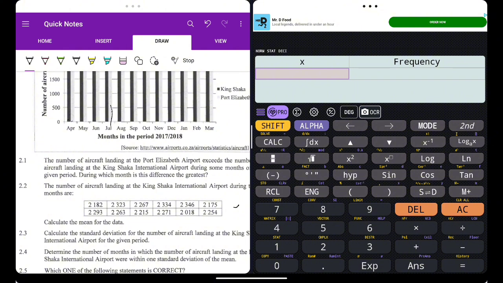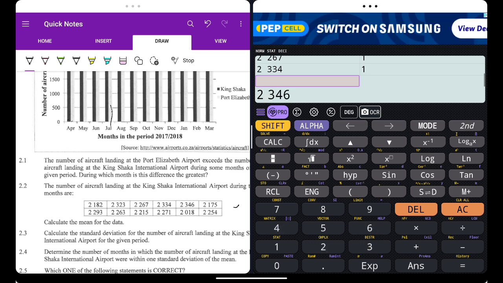In this case we have 2182 equals, the order doesn't matter, so we have 2323 equals, and then we have 2276, okay, 2267 rather, equals, then 2334 equals, and then 2346 and then equals.